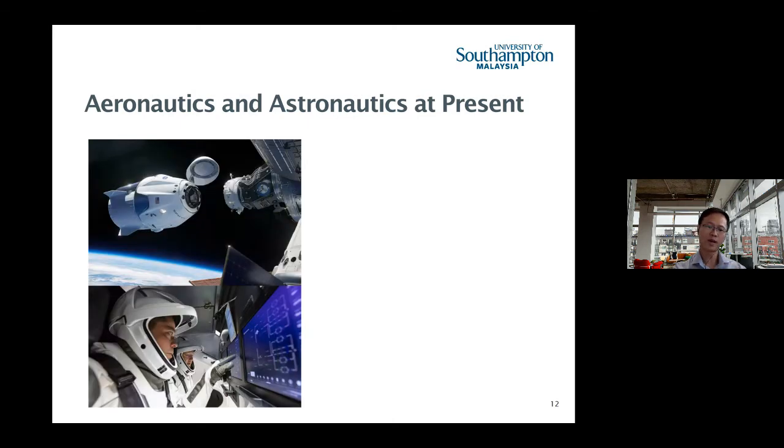Okay, so if you are aware of a company known as SpaceX, okay, so this is an example of how the civilian space industry is growing at a rapid pace. It is being led by a few countries, United States, European countries, where a lot of commercial vendors, they are non-government linked entities, but they are contracted by various governments to build rockets and to build spacecraft that is capable of launching satellites and also bringing astronauts into space.